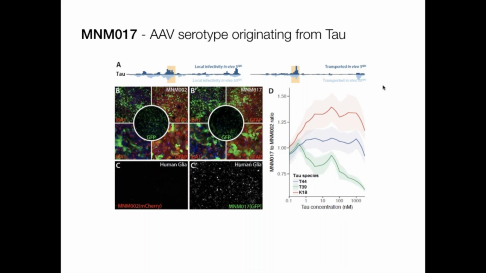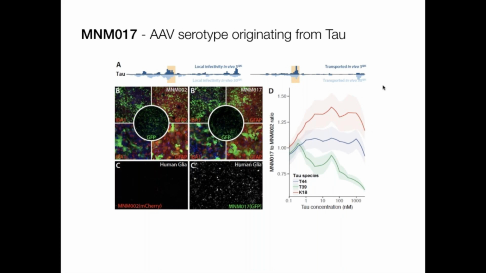And in C, we have human astrocytes in vitro, and compared to the M&M002 to the left, which was good in primary neurons, but it's not working on glia, with M&M017 we have quite good infectivity in human cells.